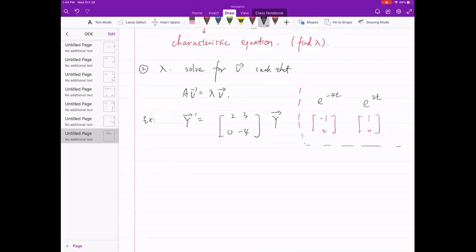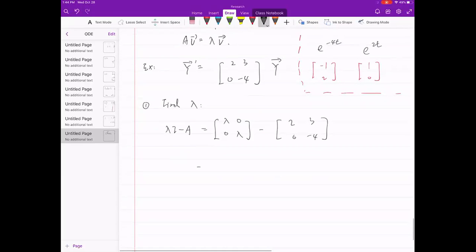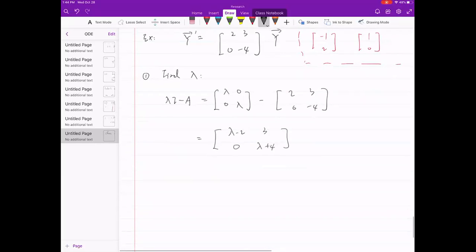and find the lambda. Lambda I minus A equals lambda minus A. Okay. Then the determinant.